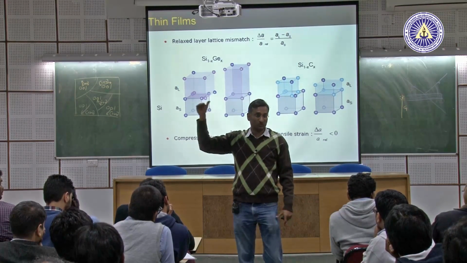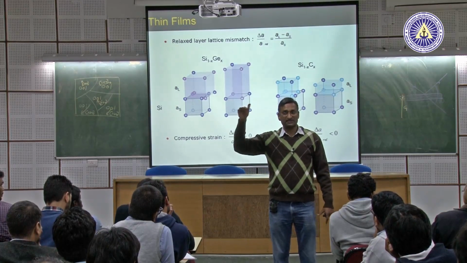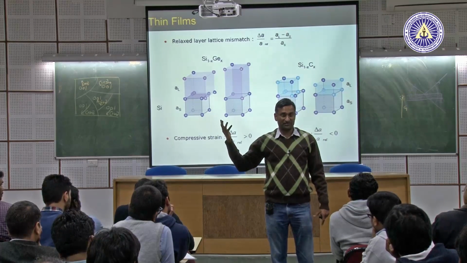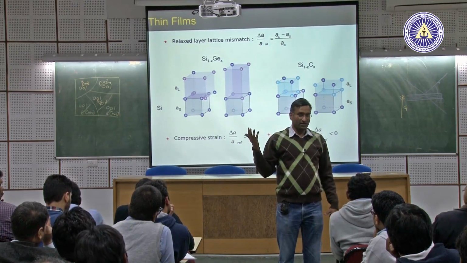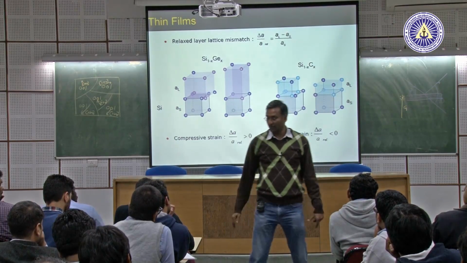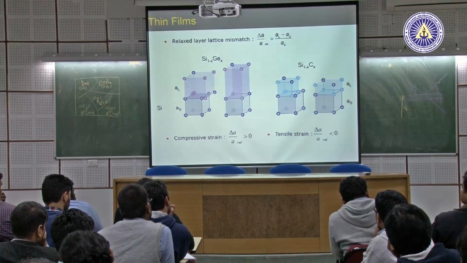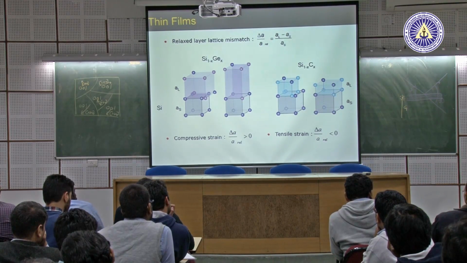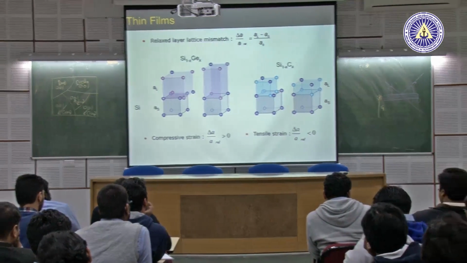So, you will create dislocations at the interface. The moment you create dislocations at the interface, you call it a relaxed interface, which means the strain in the thin film has reduced. If you do not have any dislocations, the thin film will be strained as far as possible. So, this is what we can examine, how much strain is in these thin films, by looking at the reciprocal lattice spot position.